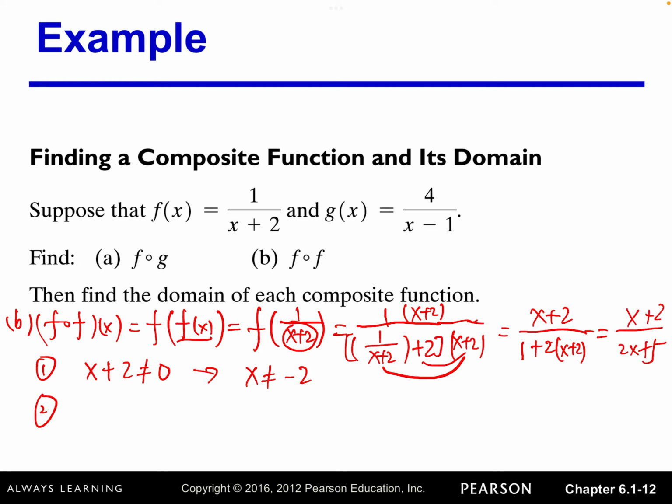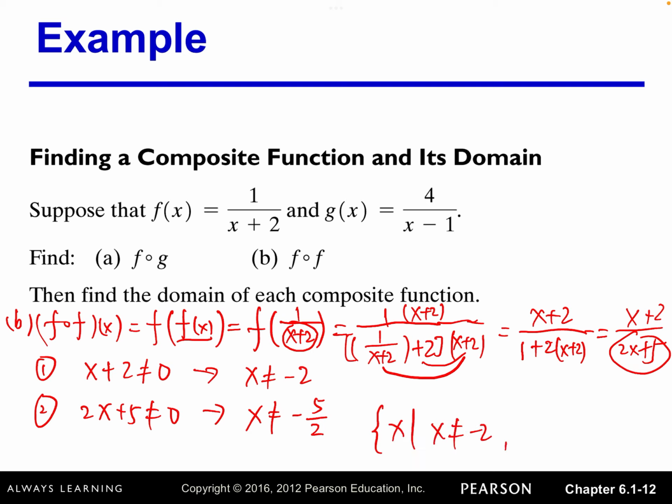So the second restriction is the denominator cannot be 0, so 2x plus 5 cannot equal 0. And that gives us x cannot equal -5 over 2.